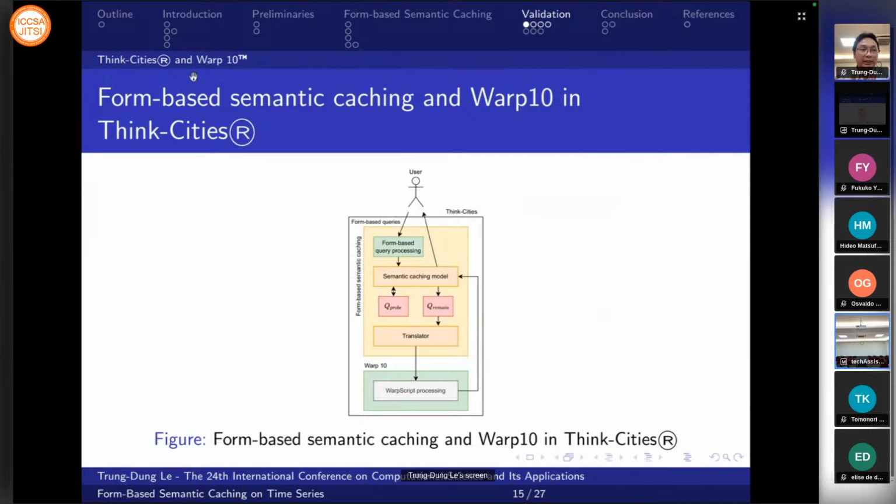For the in-memory database solution, we use Memcached, a key-value store. And for the compression method, we use linear regression.